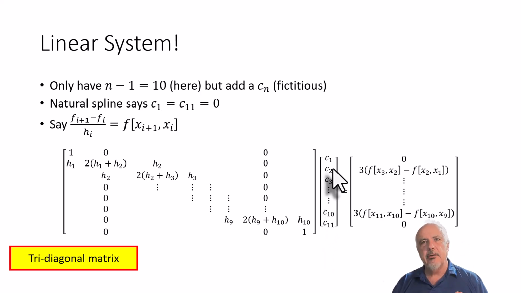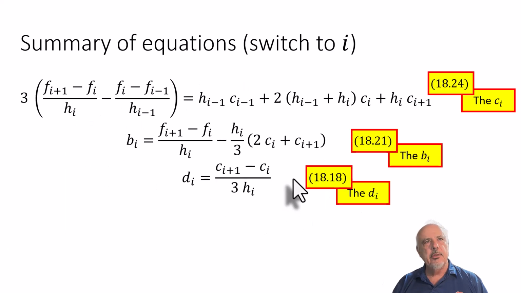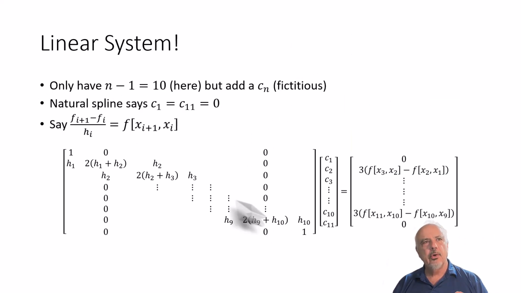Really just remains to get the C2 through the C10 now. So how do we do that? Well, we implement this equation right here, the 1824 equation, for each row, for each I. Let's see how that works.